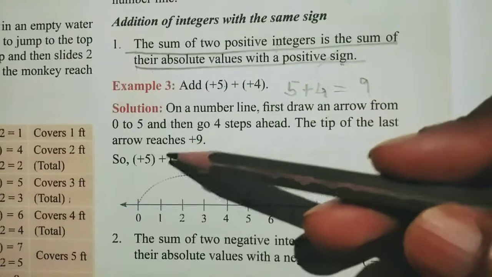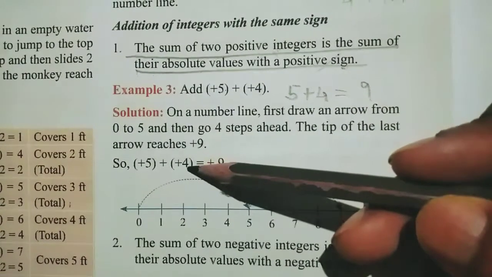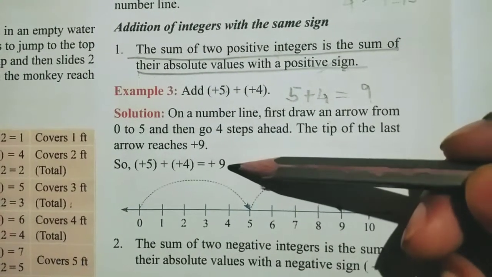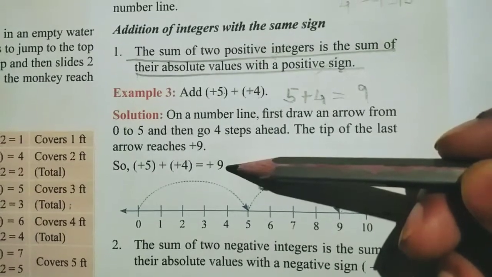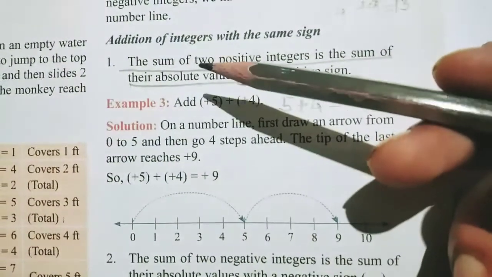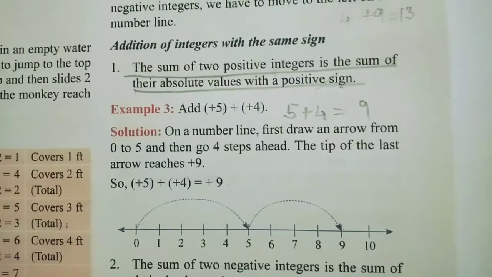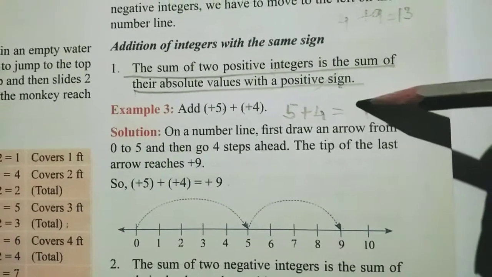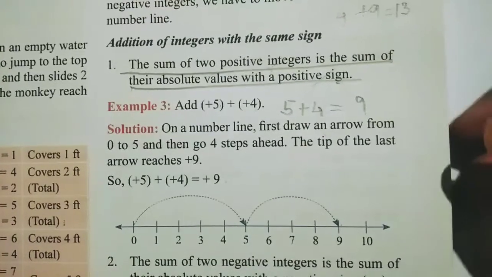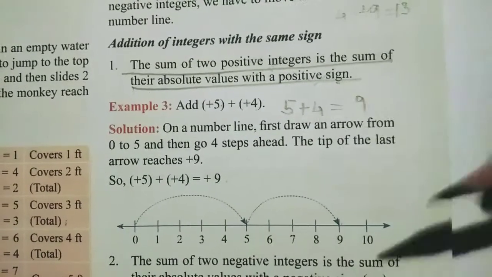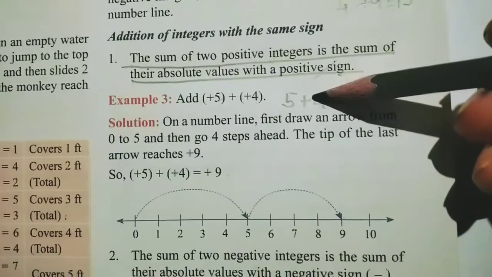So here it is said plus 5 plus 4 is equal to plus 9. Understood? So this is the meaning: when you add two positive integers, the answer is also a positive integer. It is called same sign because both have the positive sign.